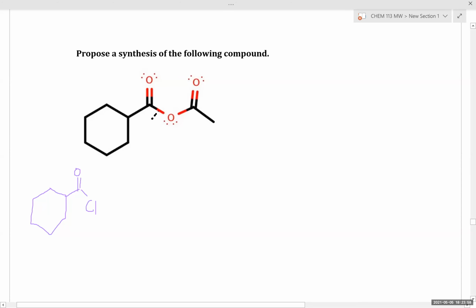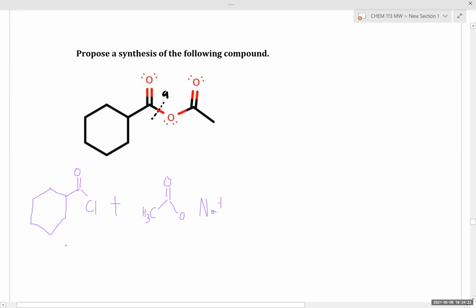So the student decided to break the following bond, I'll call bond A. So in this case, we have the corresponding cyclohexane carboxylate derived acyl chloride and sodium acetate. Yeah, that's a perfectly reasonable synthetic route.